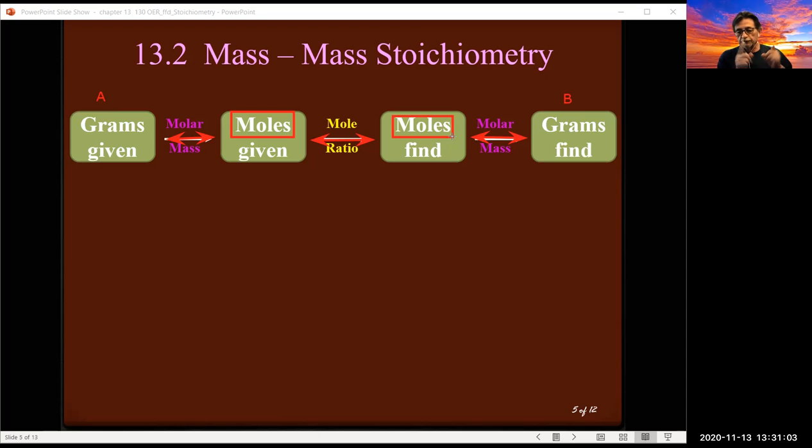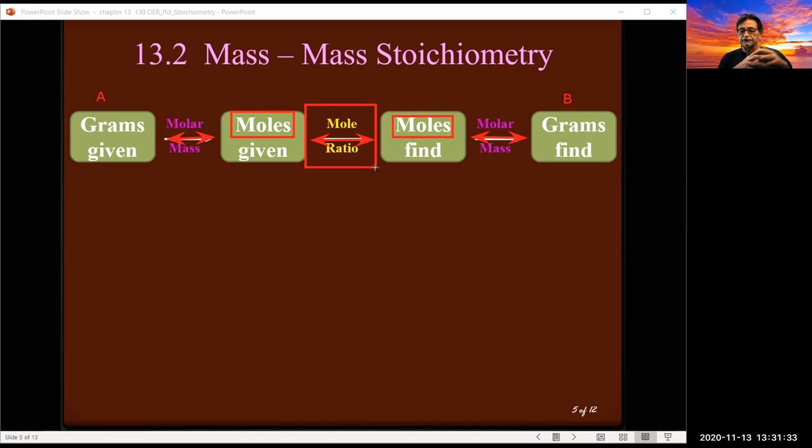All right, so from the molar mass, and we're given grams, we divide by the molar mass. The molar mass, remember, has units of grams per mole. And if I want moles, I invert the molar mass, so I have moles per gram to give me moles given. The mole ratio right here comes from the balanced chemical equation, from the examples we were doing just now.